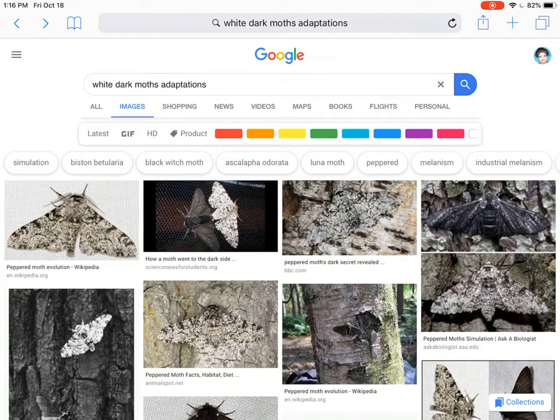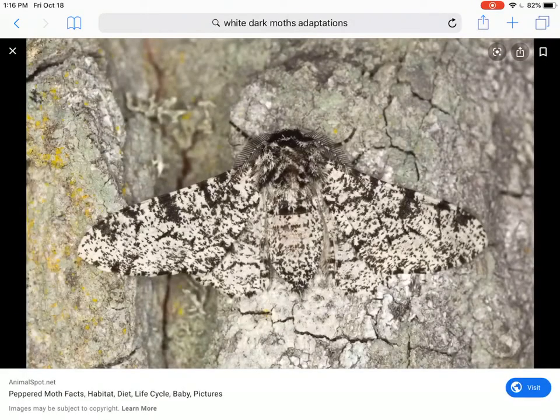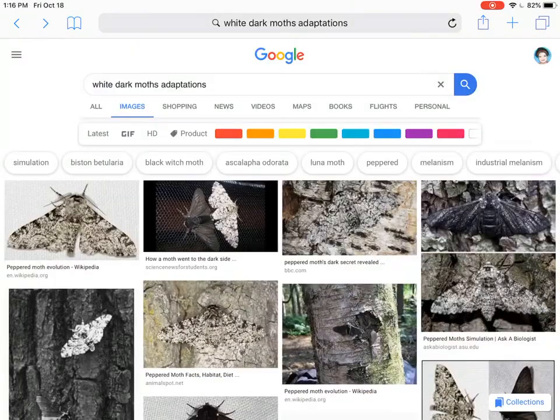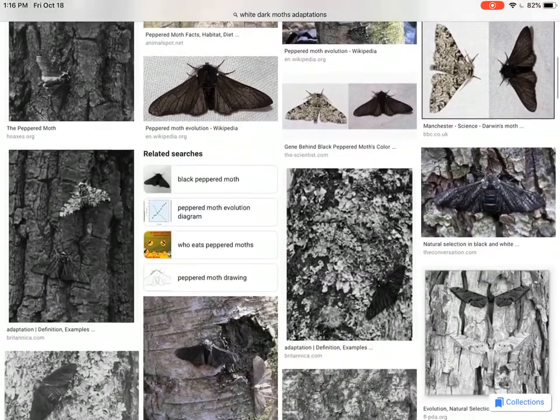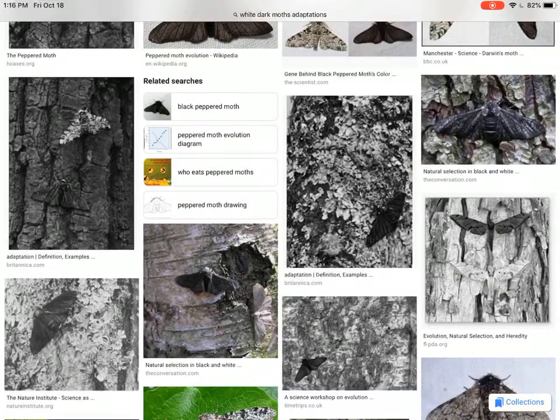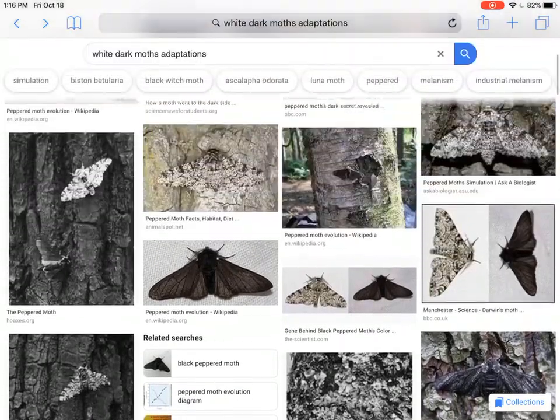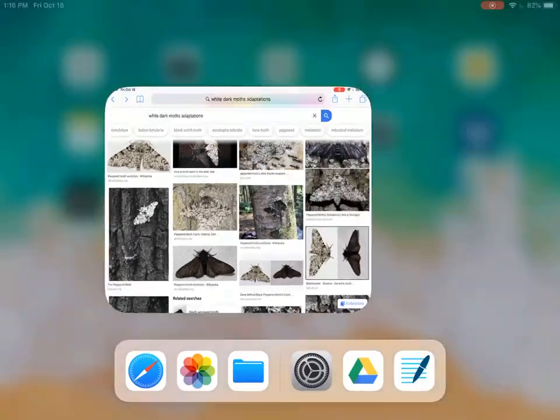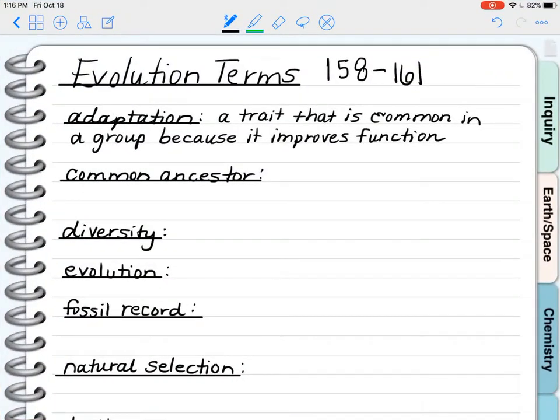That's a very good example. But look at this one. This is where you would want to be a white moth on a white tree because you're blending in much better. So adaptations occur in a species when change is necessary for them to survive. And the moths are a very common experiment where that's concerned.